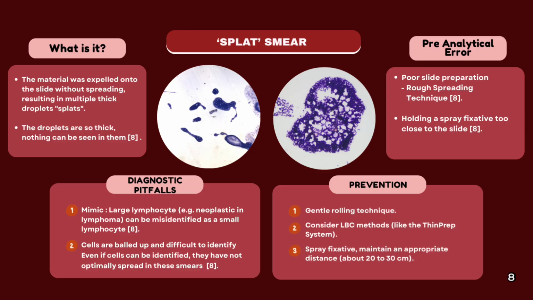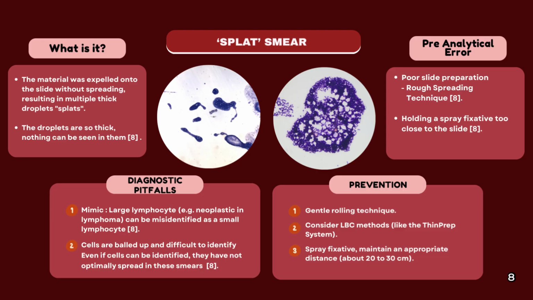Move to splat smear. Splat smear occurs when the specimen is expelled onto the slide without spreading properly, resulting in multiple thick droplet splats. This usually happens due to poor slide preparation, which is rough spreading technique, or when spray fixative is too close to the slide.